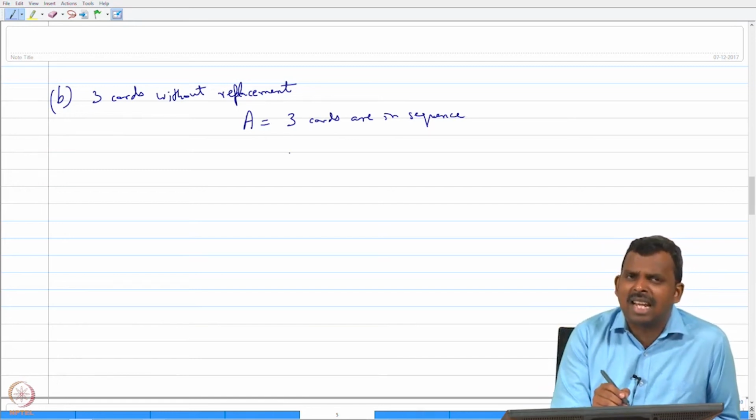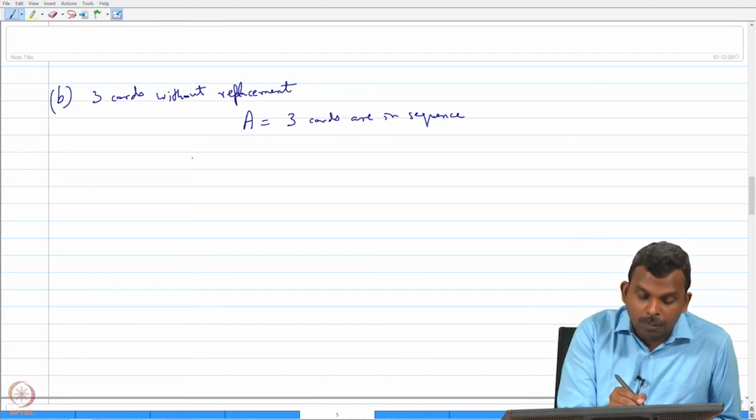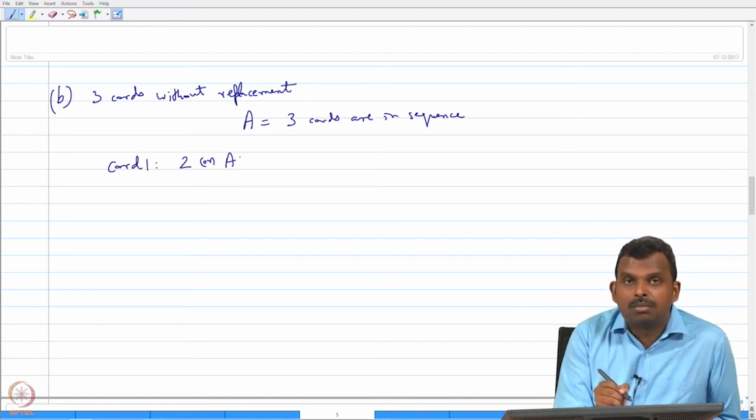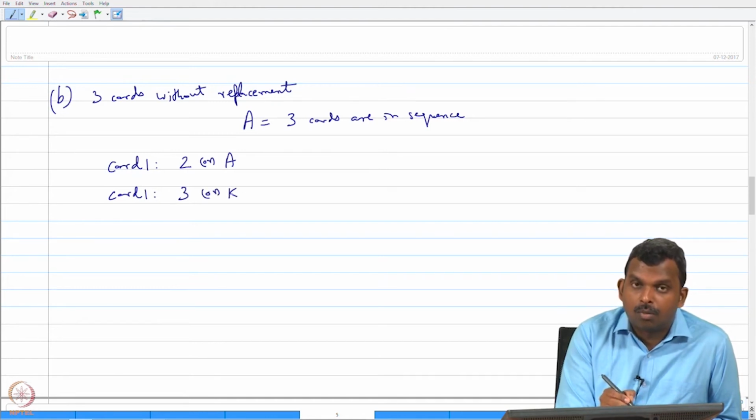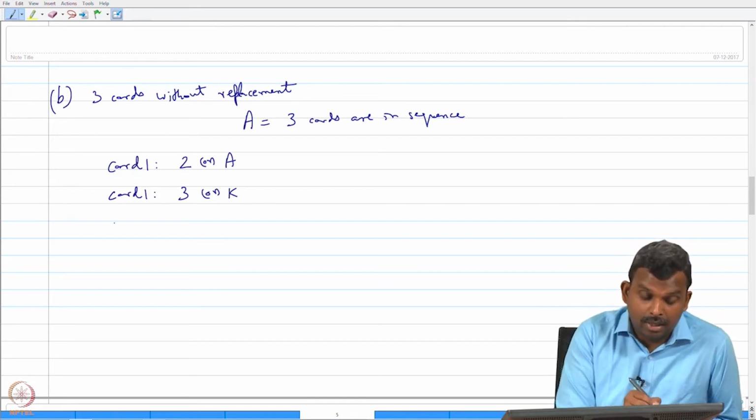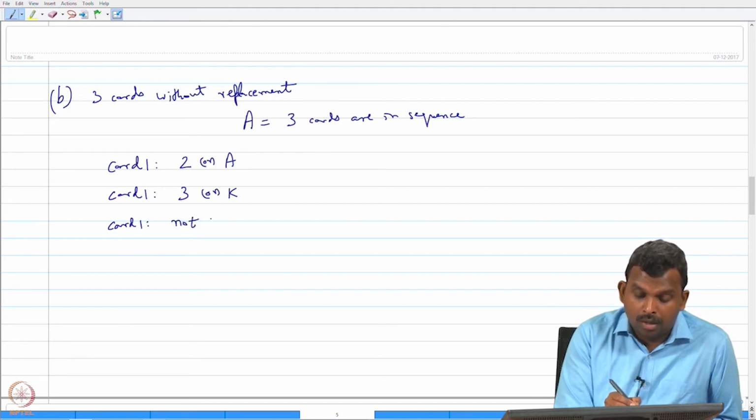Okay. So, what are the various things that can happen in the first card that affects you? If your first card is 2 or ace, something will happen, and then if your first card is 3 or king, it also impacts in another way, and then if card 1 is not 2 or ace or 3 or king, then something else will happen.